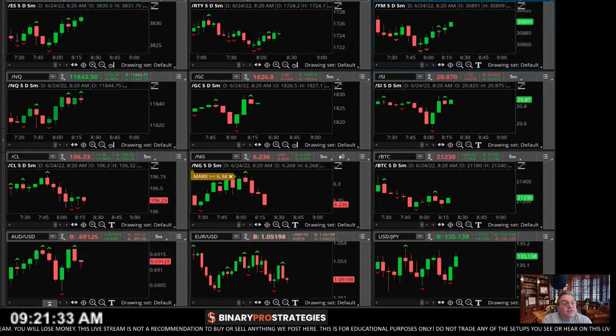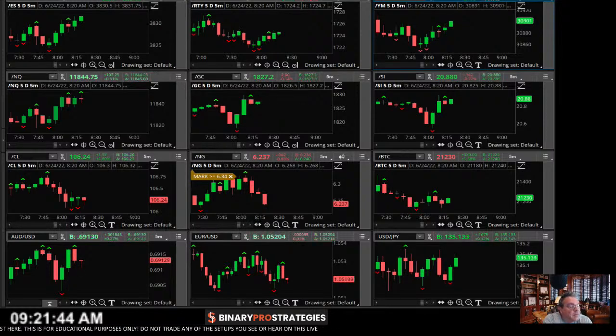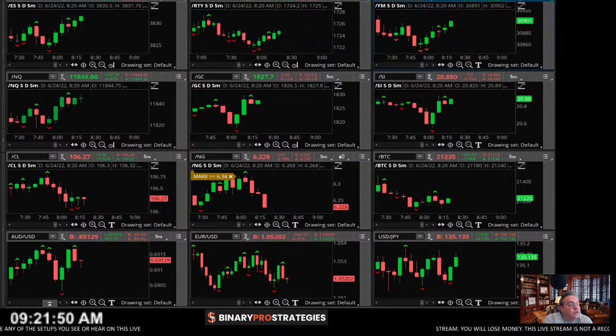Okay, it looks like natural gas is actually reversing. Reversal on natural gas. So this is going to put us at an HF1 short. Target on gas is going to bring us down now to 621.